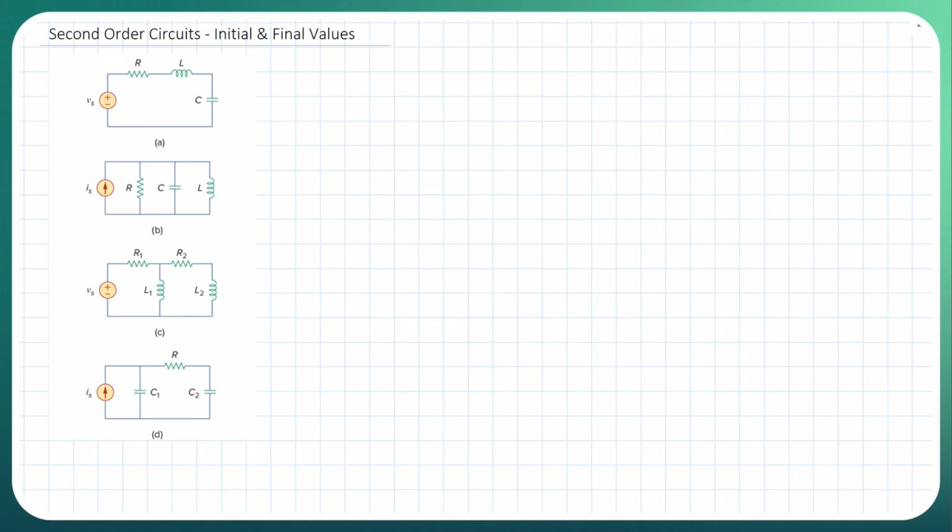A second order circuit is characterized by a second order differential equation, and it consists of resistors and the equivalent of two energy storage elements.